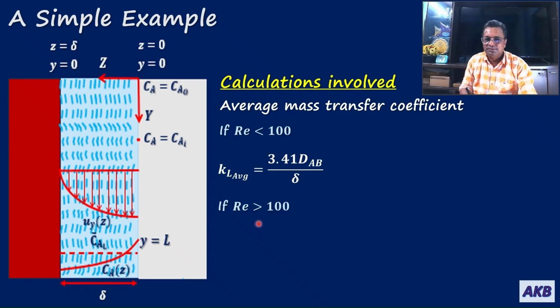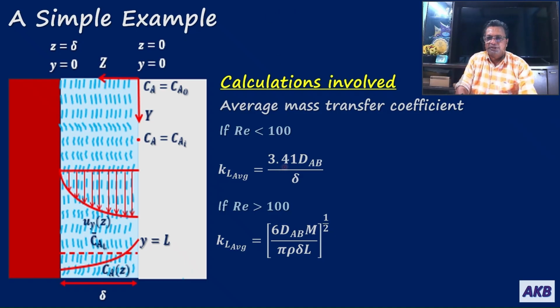If the film Reynolds number is greater than 100, then KL average is equal to 6 DAB m by pi rho delta L, raised to 1 by 2. So you have to use the equation depending on the Reynolds number: less than 100, this equation; greater than 100, that equation.